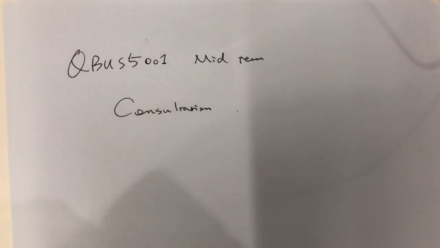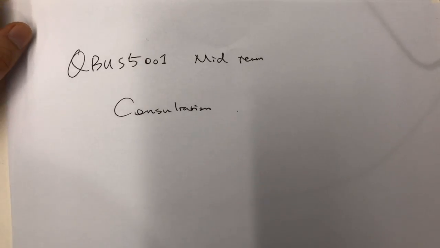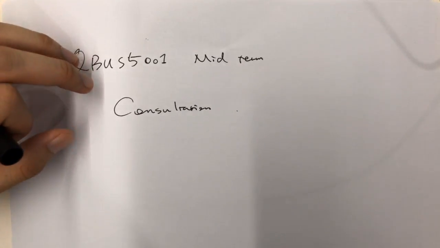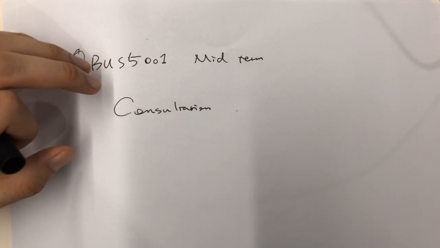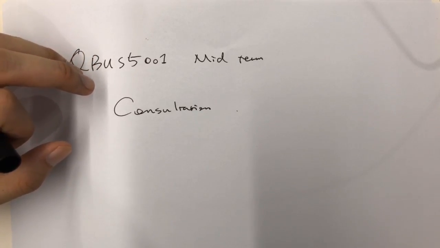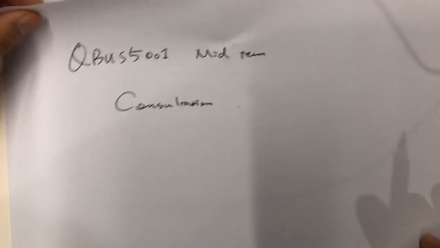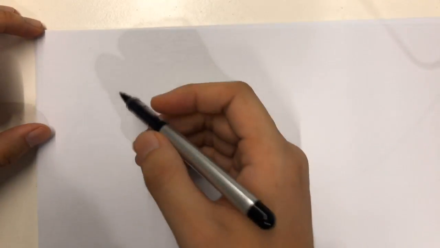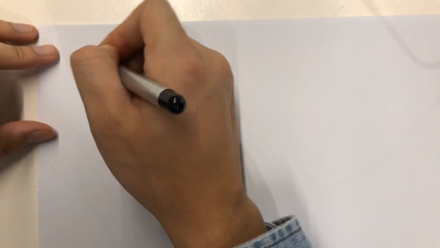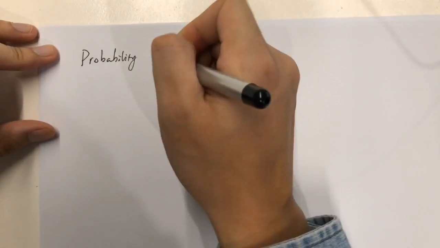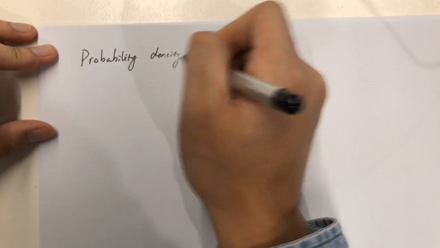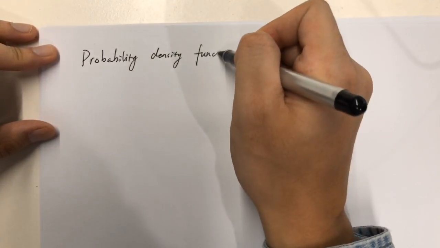So Nancy Lee is asking, if we enter cumulative for 0 in a continuous distribution in Excel, what is the result? Actually, this is the concept about the probability density function, or PDF.